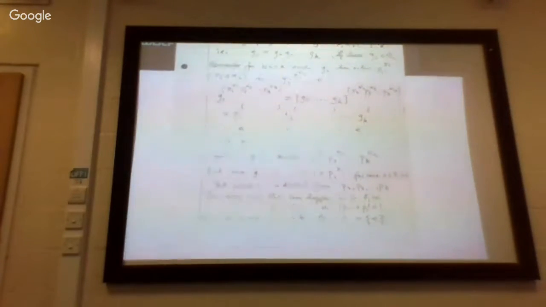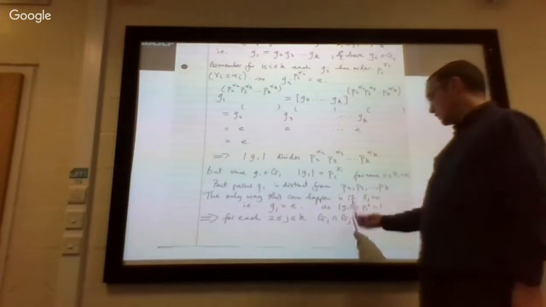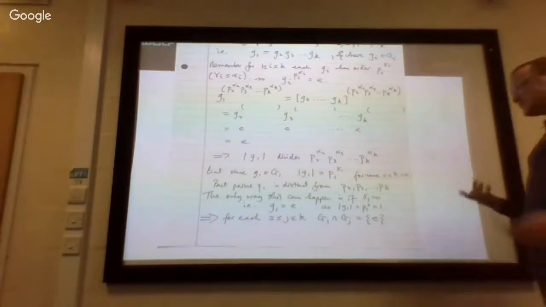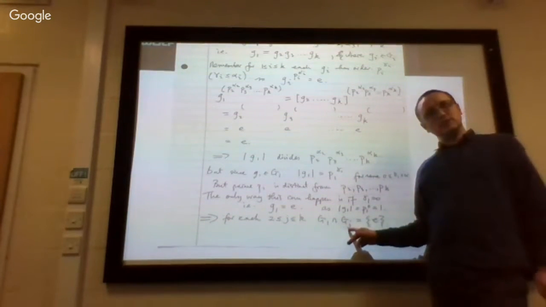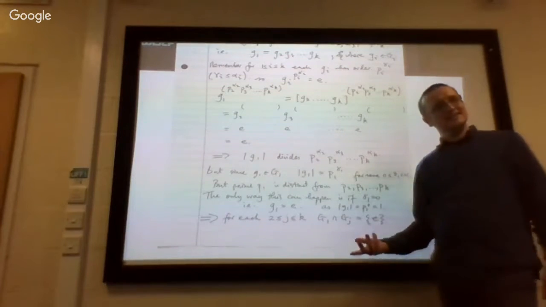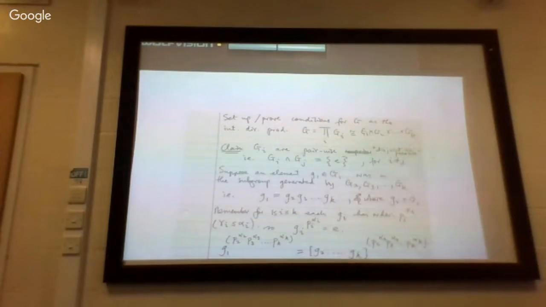It must consist of at least the identity element because they're both subgroups, but there can never be anything else. So that shows that G1 is pairwise disjoint as much as possible with all the other Gj's, and it's exactly the same argument for any other. You know, there's nothing special about G1. G1 just happens to be the first one appearing in our list.